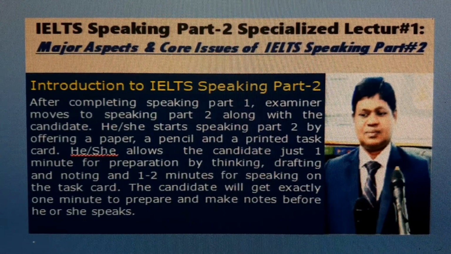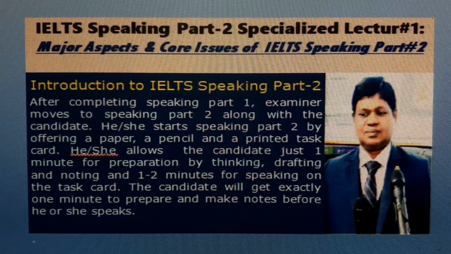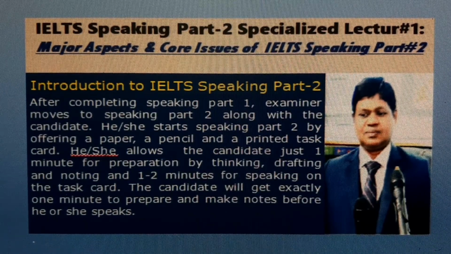The examiner will use a timer and will tell you when your time is up. The examiner will tell you when to start your talk and will remind you that they will stop after 2 minutes. At the end of the presentation, the examiner asks 1 or 2 questions to round up the long turn.